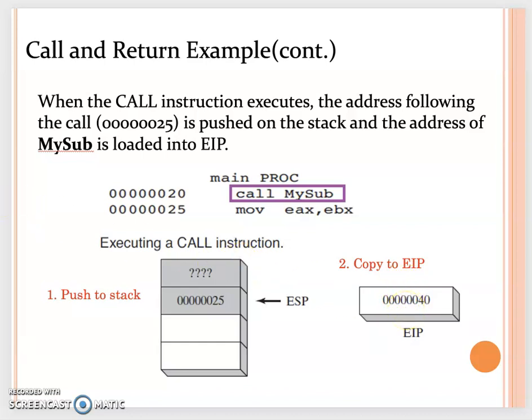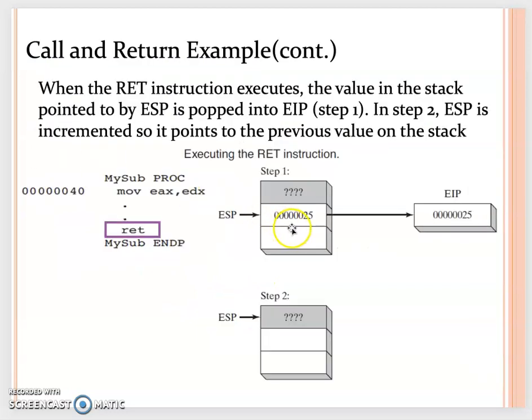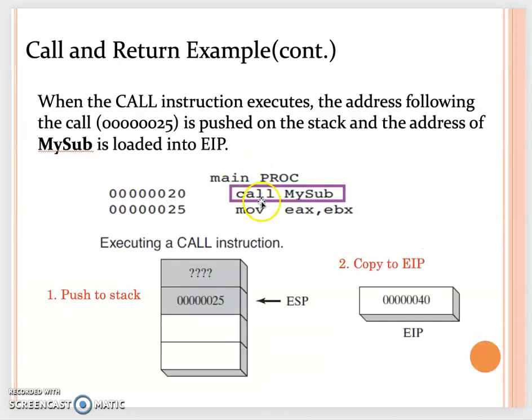So once they execute line by line, when they see the return, the return will automatically pop the value from the stack into the instruction pointer. That's why the instruction pointer can go back to the main function, the next line after you call the procedure.